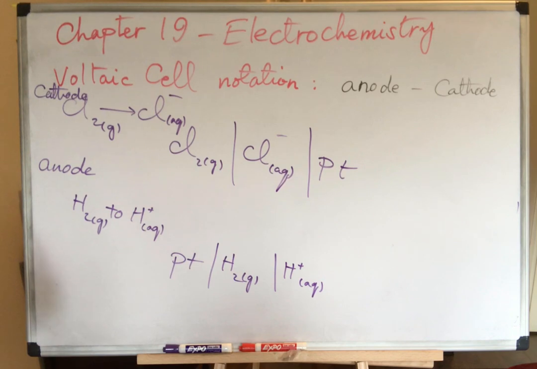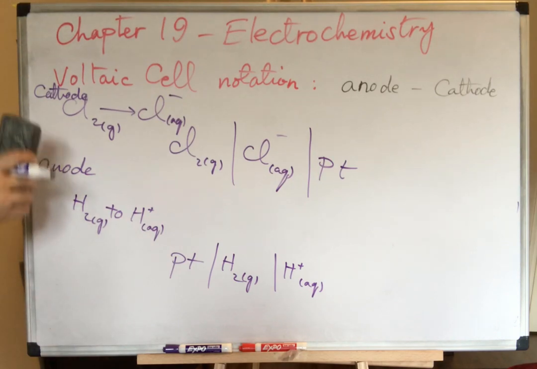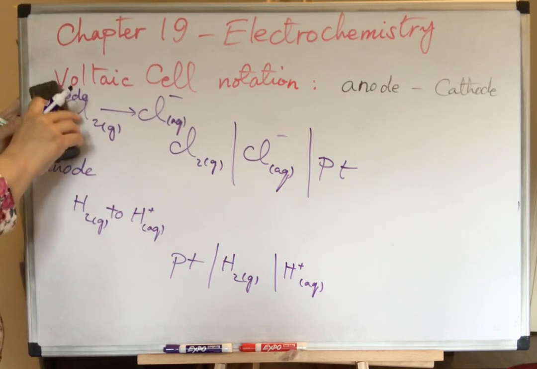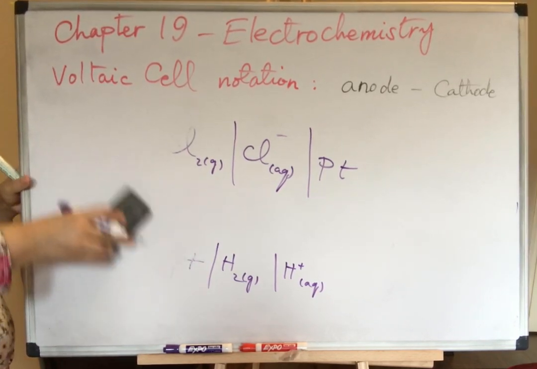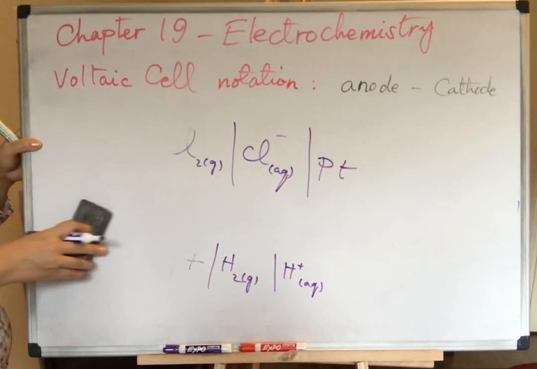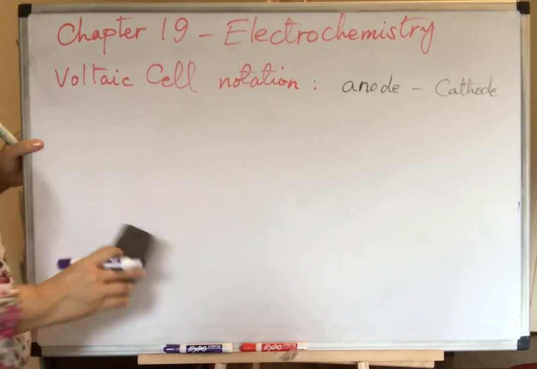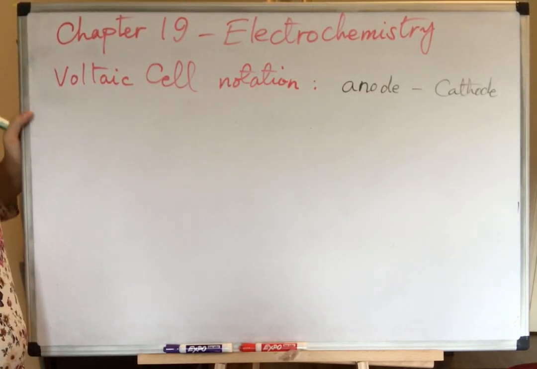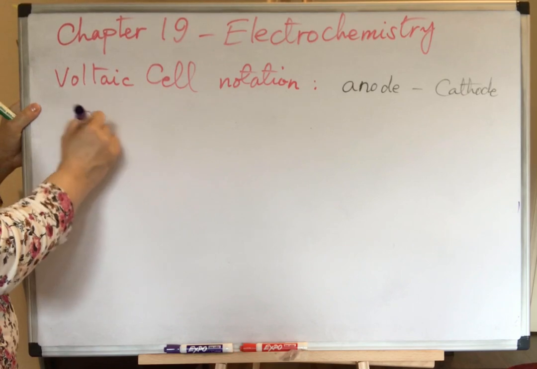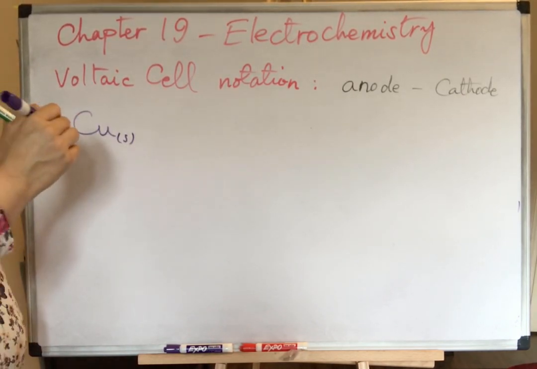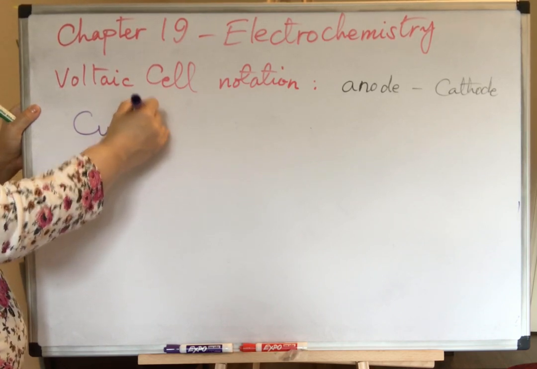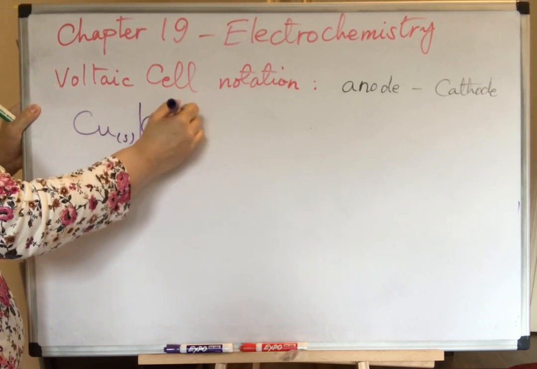It's the best if you want to be very detailed, to write the concentrations of the solutions and pressure of the gases. So for example, let's say a cell notation, the same way as you have it on slide number 43, is this.